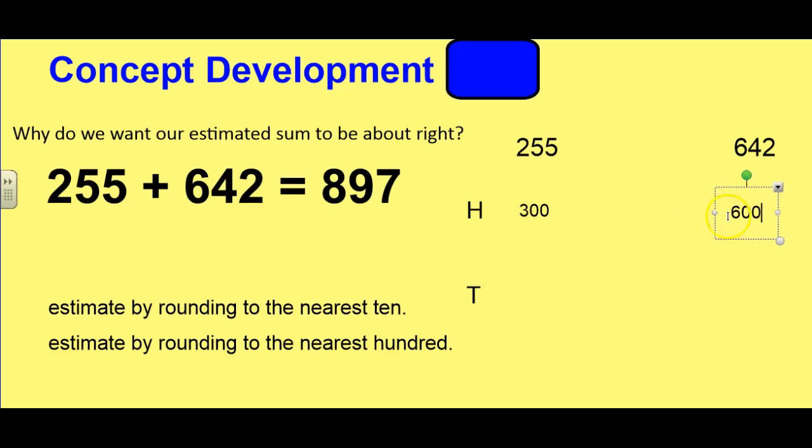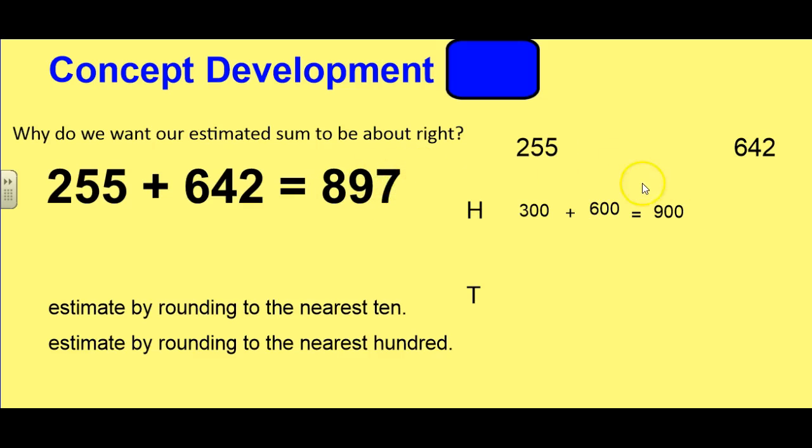Okay, so if I'm taking these two numbers and adding them together, we're going to do that real fast on our paper. So 300 plus 600 is equal to 900. So when we rounded to the nearest hundred, we got 900, and the actual answer is 897.